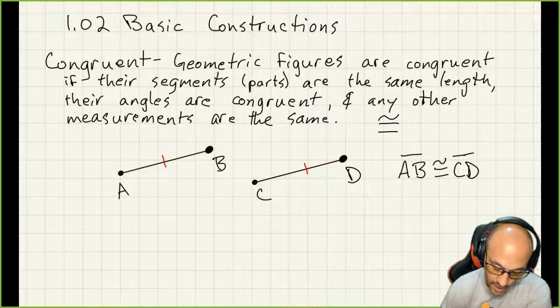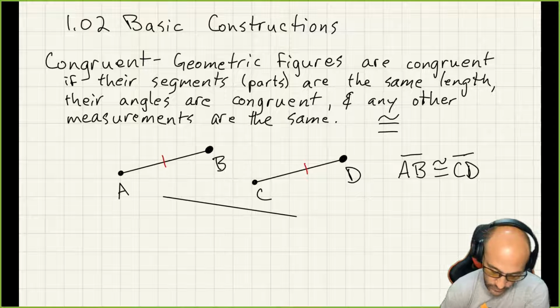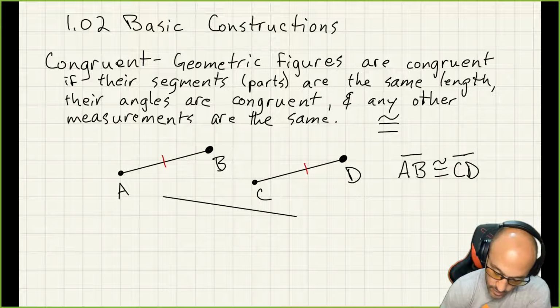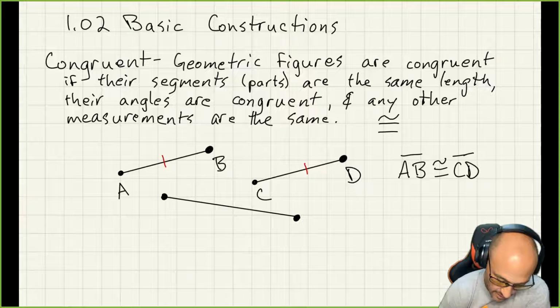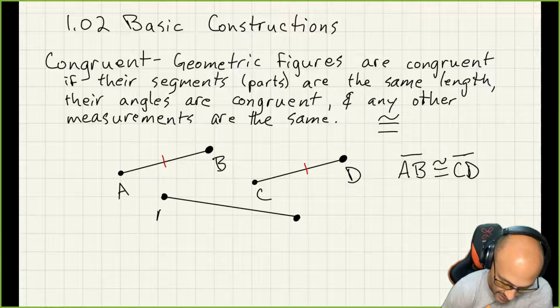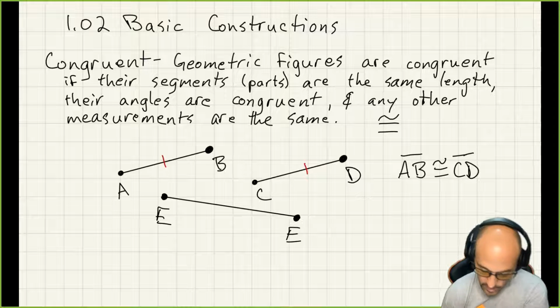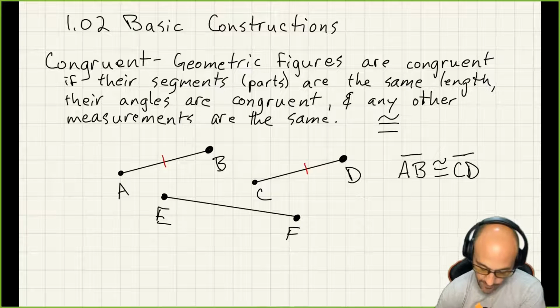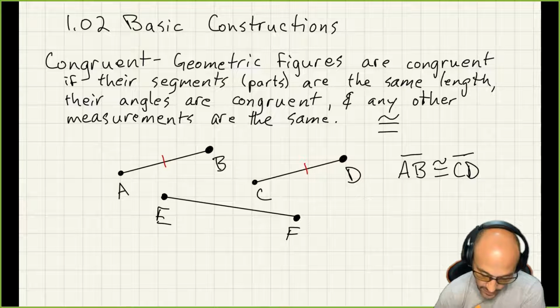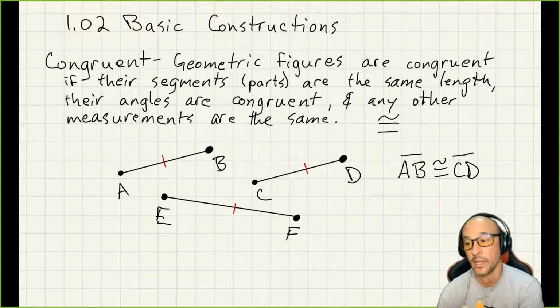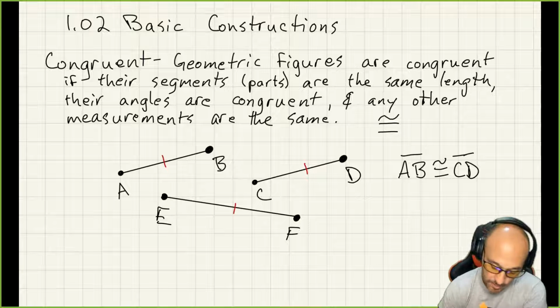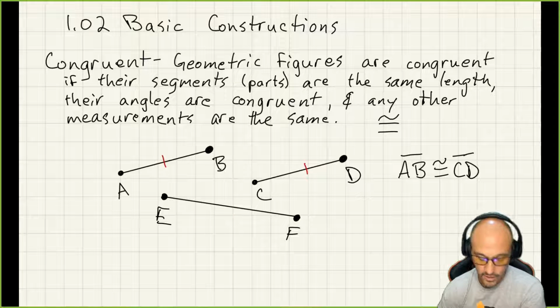If there were some other line segment here, like that, and let's say this is line segment EF, then it wouldn't make sense for us to put that line there, because that says they're congruent, but they're clearly not. So we wouldn't put that line segment there.